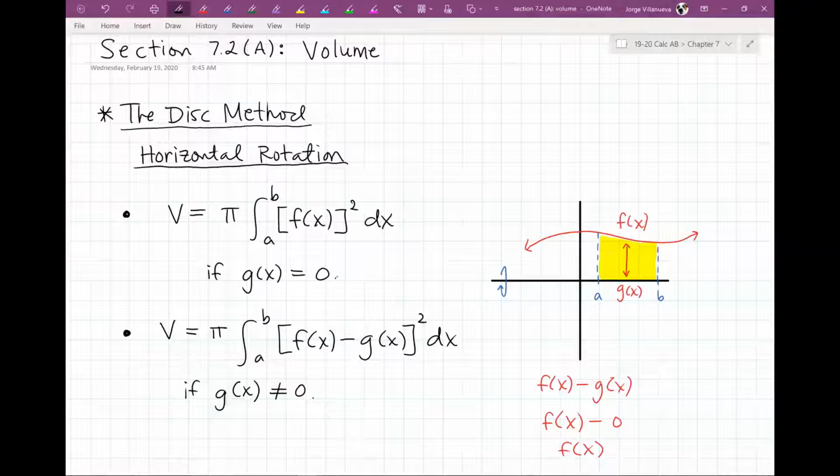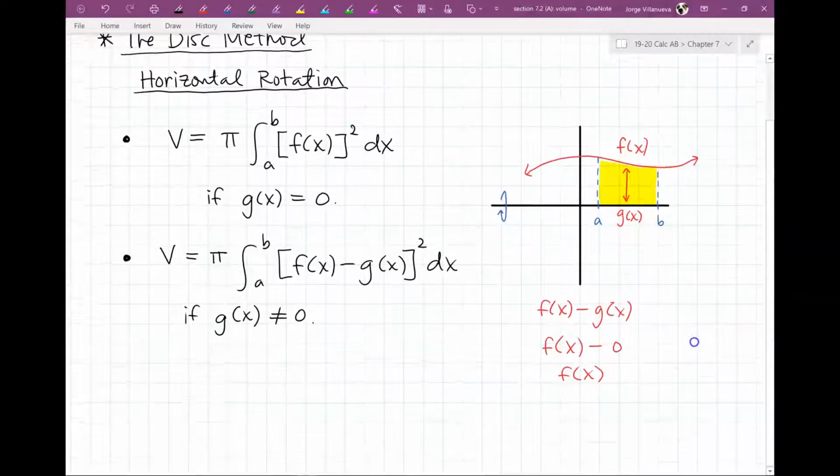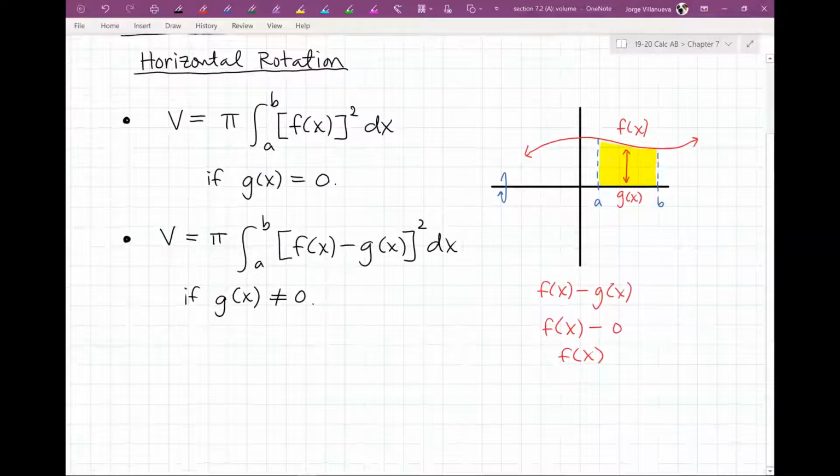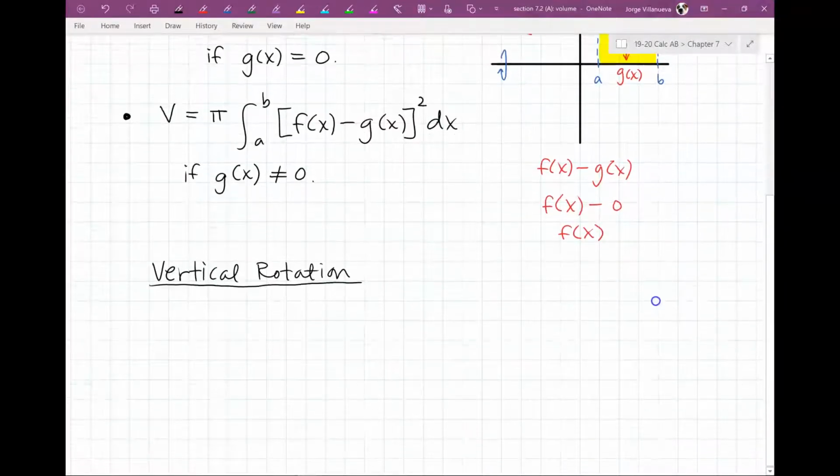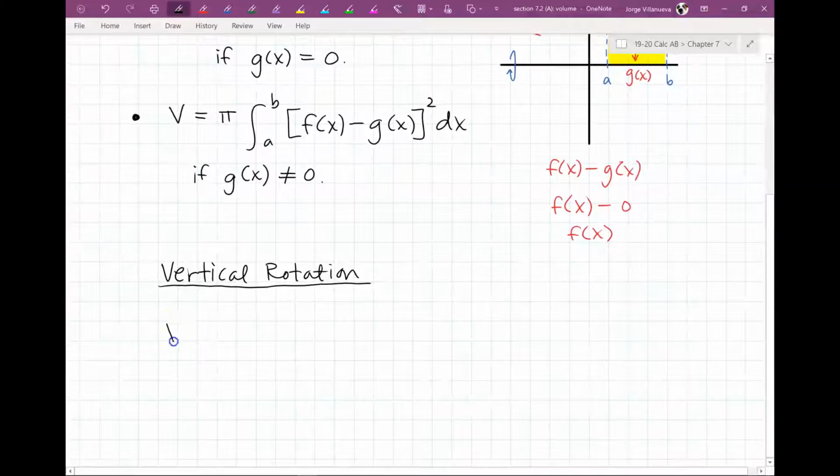For horizontal, for vertical, it's the same idea, just we change a little bit of the variables that we're using. So let me write this down here. Vertical rotation. So in other words, if your axis of rotation or your axis of revolution is vertical, so you're spinning it around this way, then you'll get something like this.